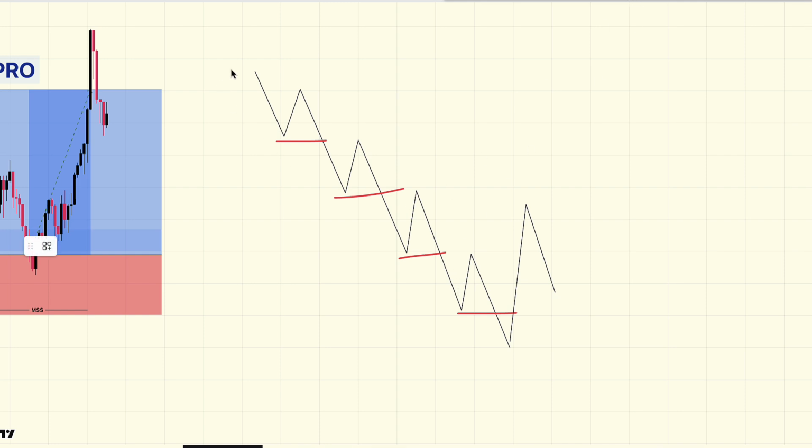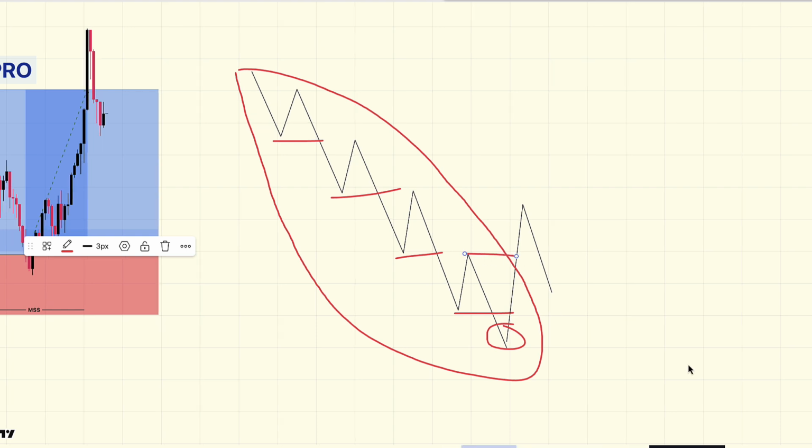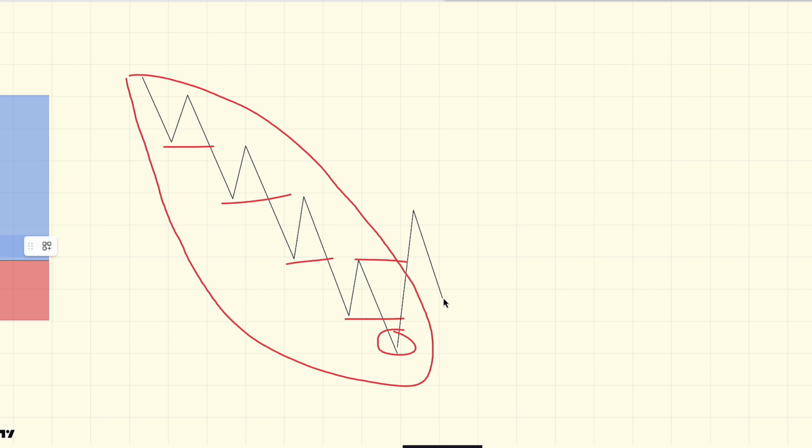As price was coming down, we have a massive downtrend. At the point where price reached this area, we have a shift in market structure, otherwise known as change of character. Whenever you see a change of character, note this: it is an establishment of a new directional movement.